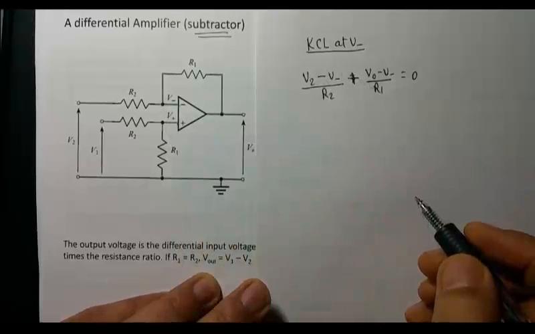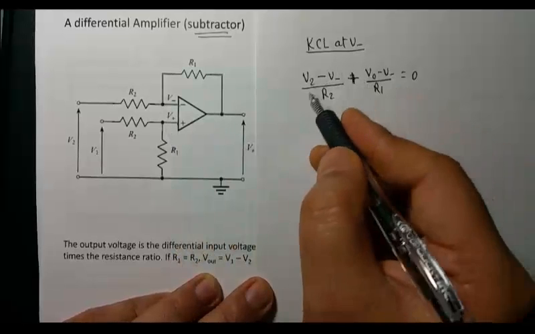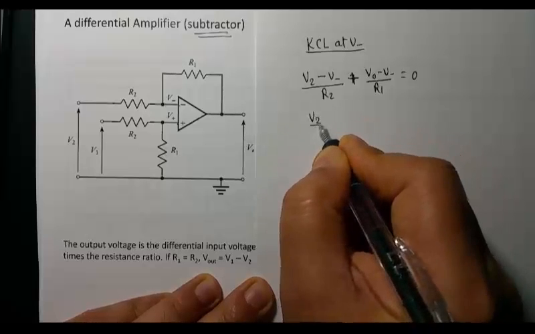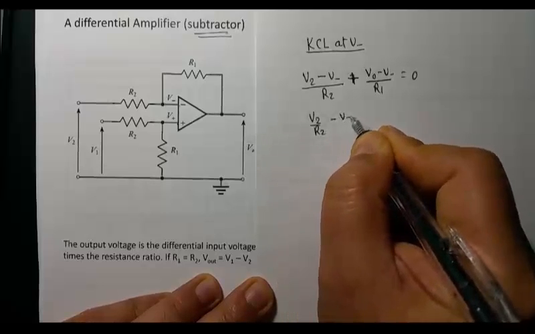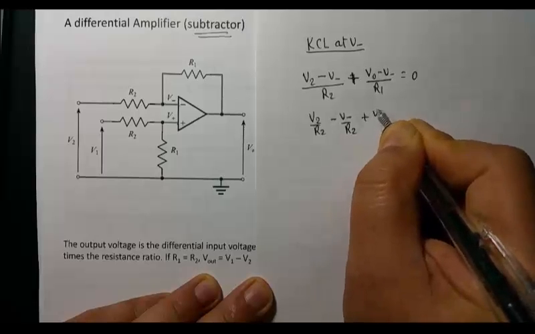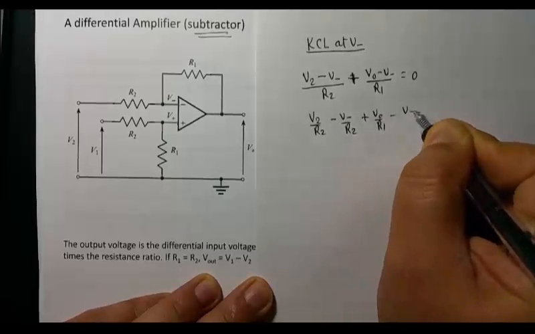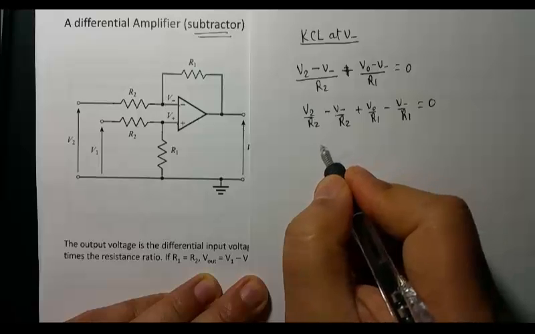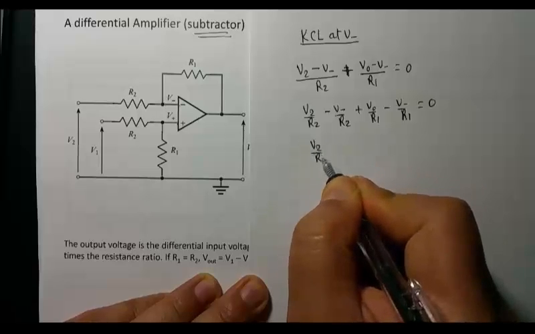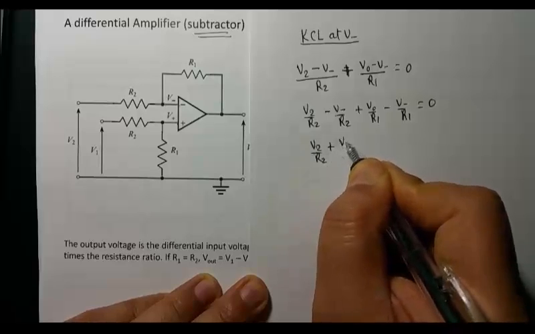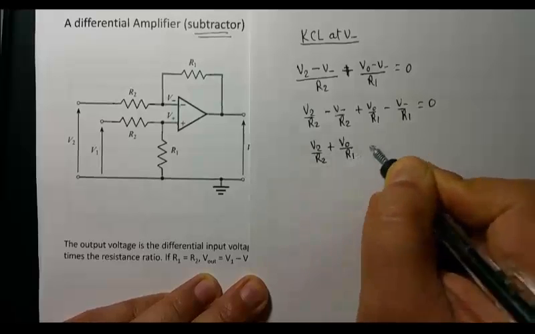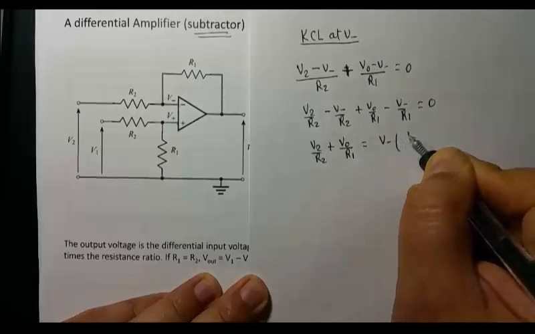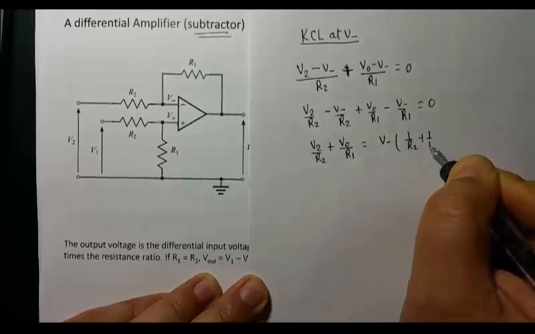So let's try to solve for V negative from here. So V2 over R2 plus V out divided by R1 is equal to V negative times the common factor, 1 over R2 plus 1 over R1, right?